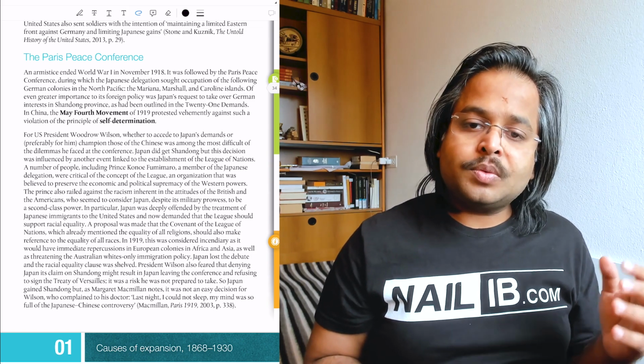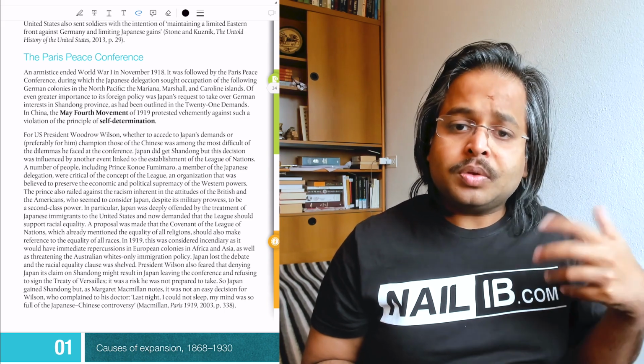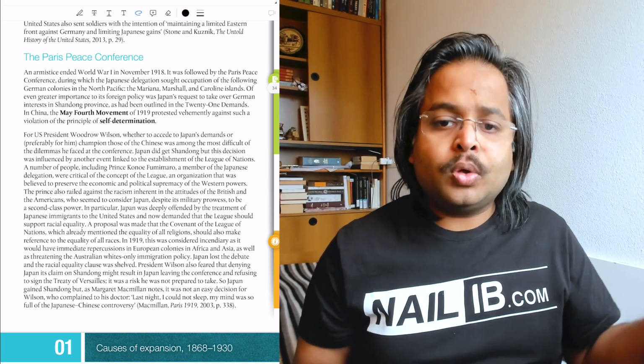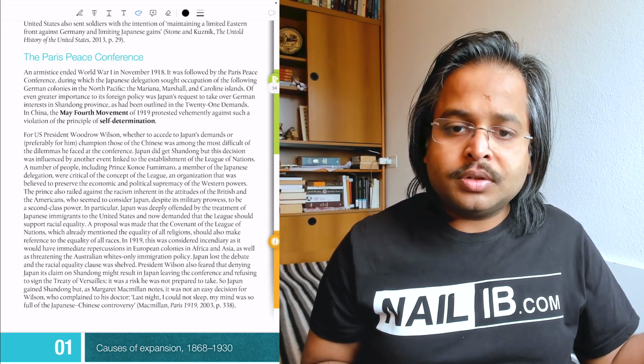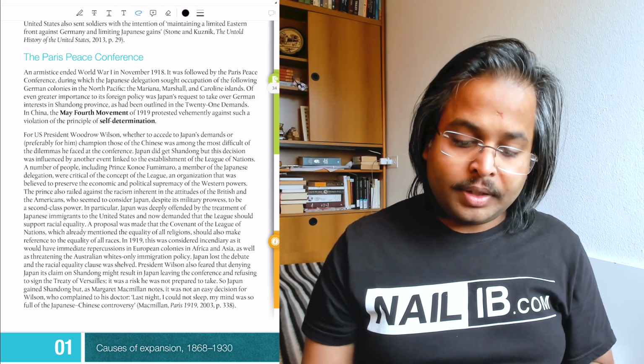All the European countries wanted German colonies in separate areas in Africa to belong to them, depending on how close their earlier colonies were. So similarly, Japan is also demanding that in the North Pacific, whatever belongs to Germany should now belong to us. These areas were the Mariana, Marshall and Caroline Islands.